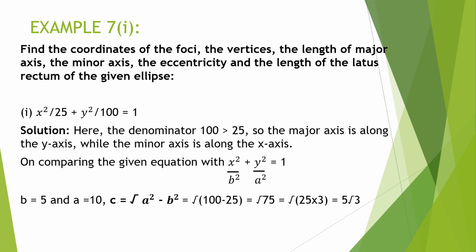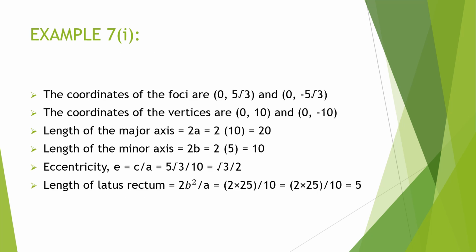So what is the equation? x square upon b square plus y square upon a square is equal to 1. So b is 5 over here, a is 10. What is c? c is root of a square minus b square. So over here c is equal to 5 root 3. So from the chart we have just now seen, the coordinates of the foci are 0, plus or minus c, that means 0, 5 root 3 and 0, minus 5 root 3.